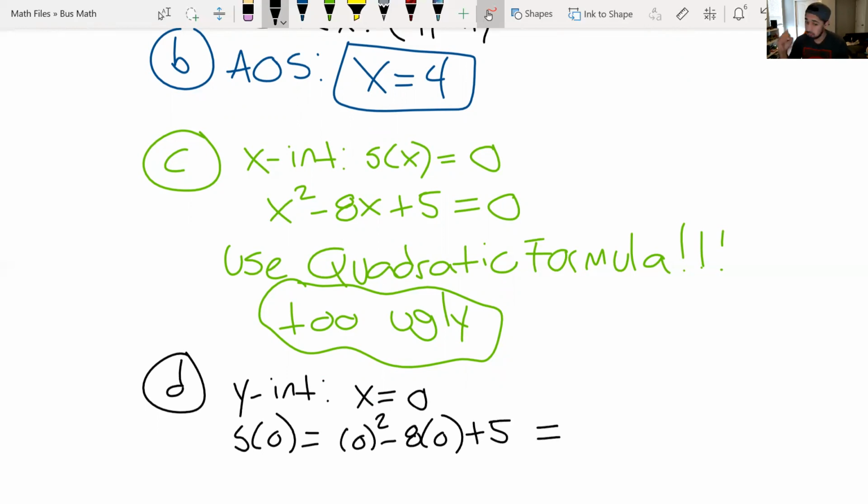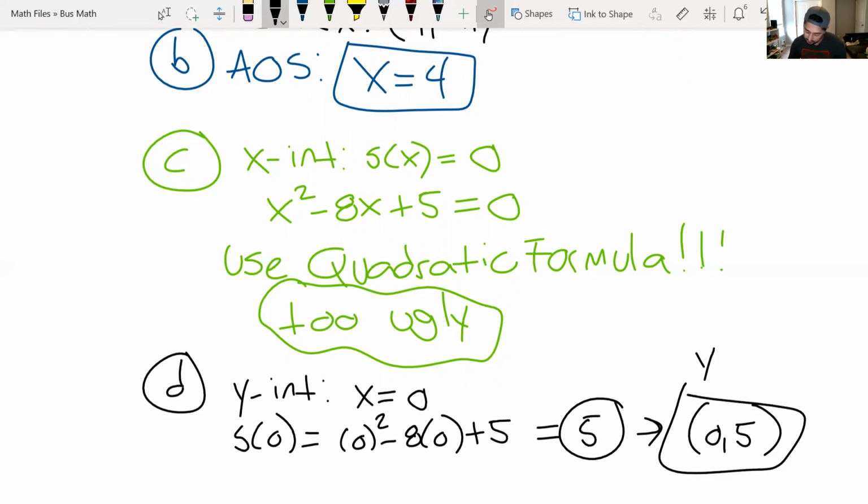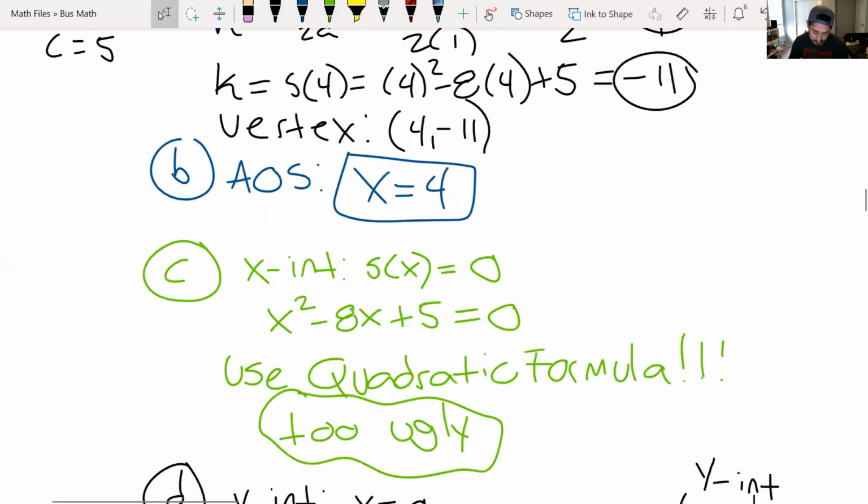That becomes 0. That becomes 0. You're left with 5. So this means my y-intercept is 0, 5. The y-intercepts are the easiest ones to find. Okay. So that's it, following the same steps above.